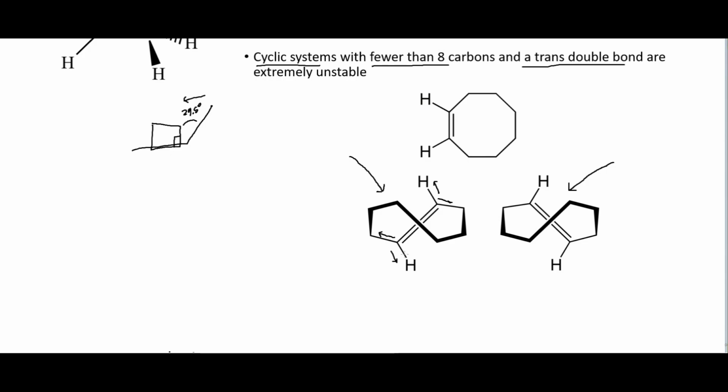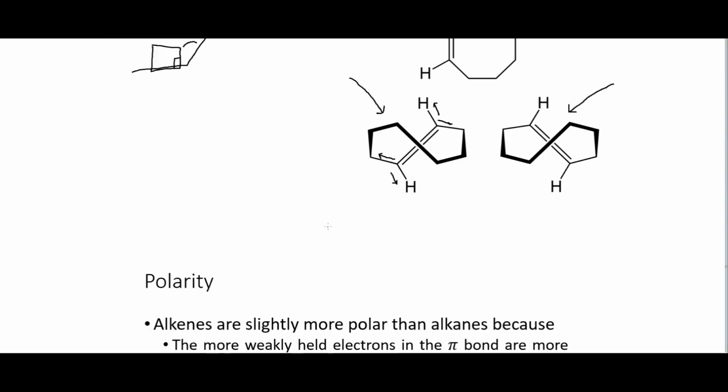So that is also true of it. But you can see that if you try to do this with fewer carbons, you're going to start having a lot of ring strain, and it's going to become very unstable, and so you don't actually see that very often. In fact, I don't know that they can exist at room temperature.